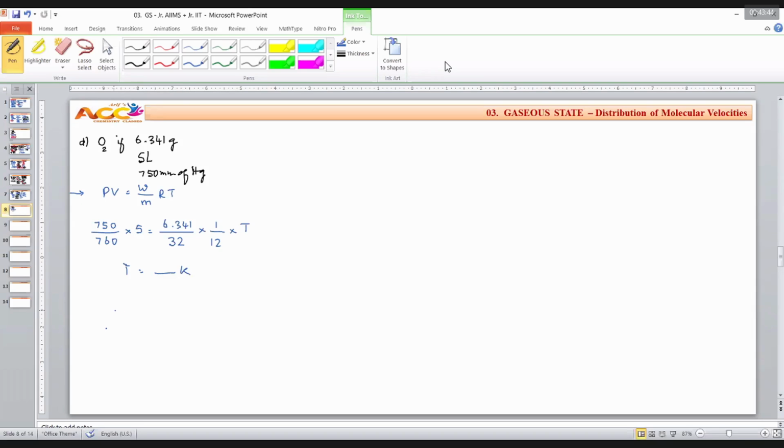After that, RMS velocity is equal to 1.58 under root P upon M into out of the root 10 power 4, and it must be in CGS system. If he's asking in MKS, change it later on. Go ahead. These are the different possible problems, suitable type of methods. Go ahead, then I'll proceed to another question. Complete this one.